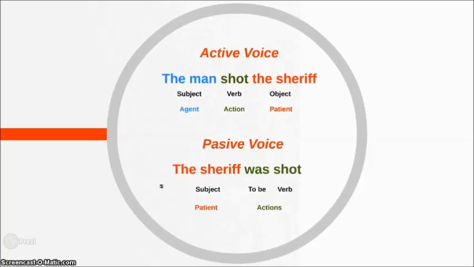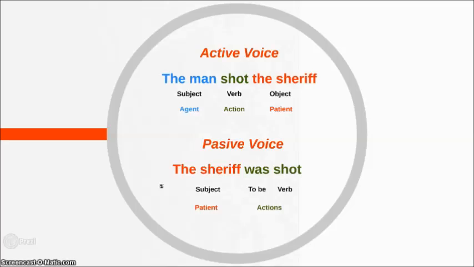But let's see the passive voice. The sheriff was shot. The sheriff is the subject. Remember, in English the syntax always has to be subject, verb, and object. So the sheriff was shot. Was is the verb to be, but in the past, and shot is the verb in the past participle.